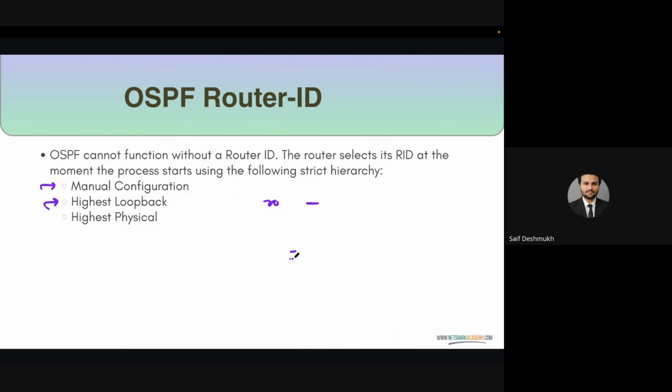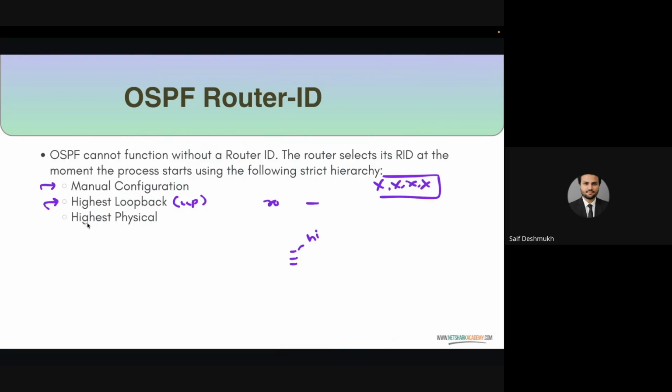If there are multiple, it will try to find the highest available loopback interface, and it should be in up state. It will take that loopback IP address and configure it as the OSPF router ID.